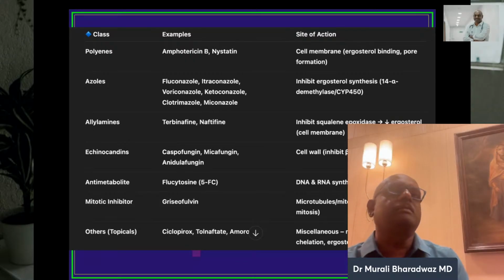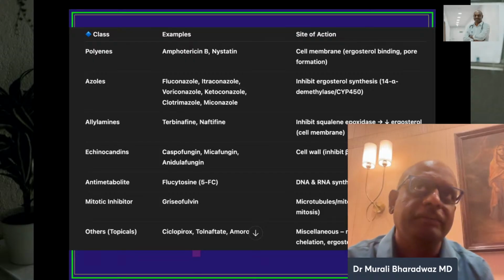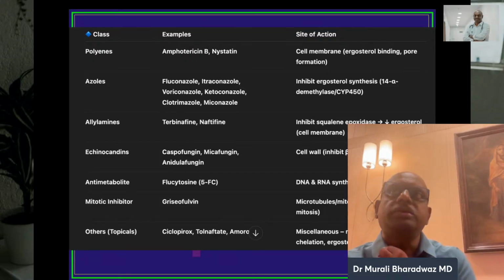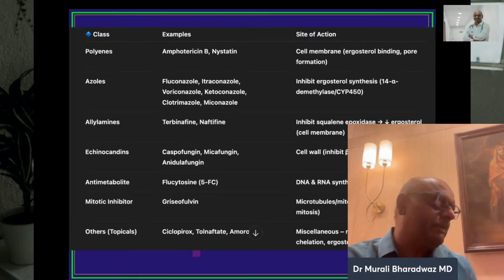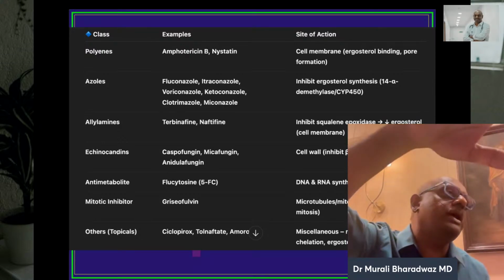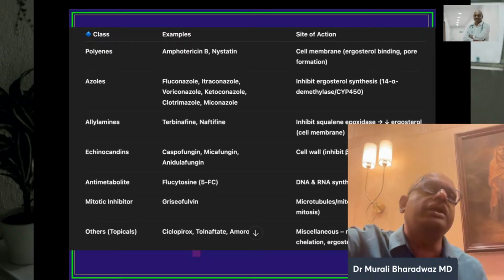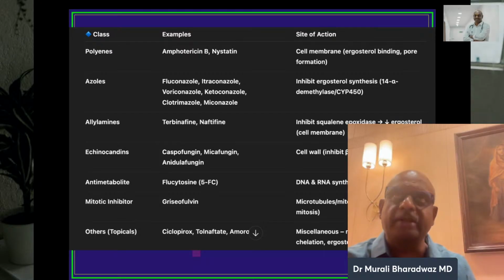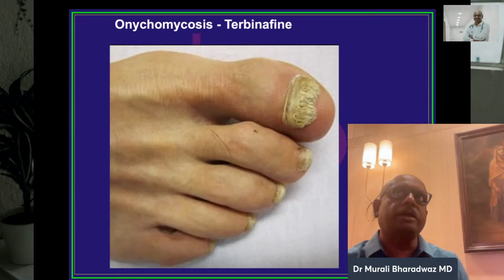Then griseofulvin, which is a mitotic inhibitor. And you are having ciclopirox, which has multiple mechanisms. Definitely one question will ask, this belongs to which class and what is the site of action? Very important table. So what is this, doctor?